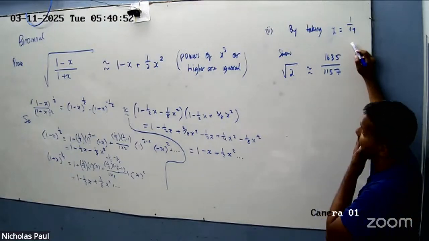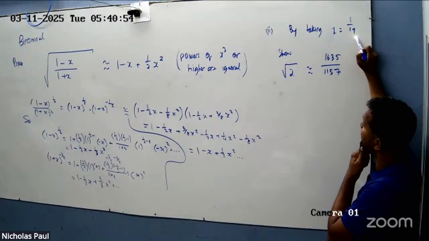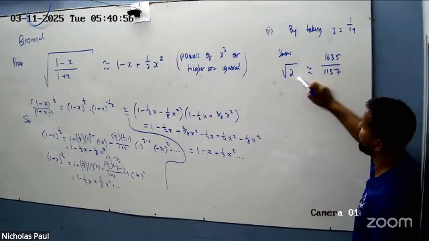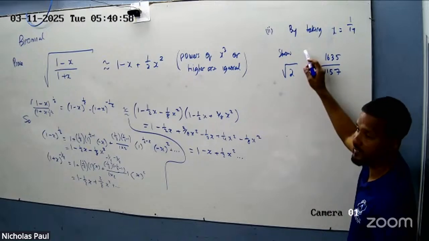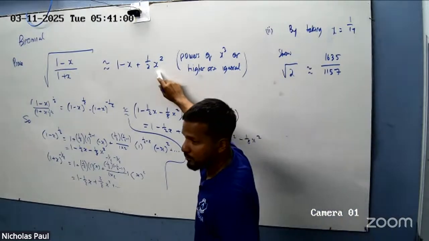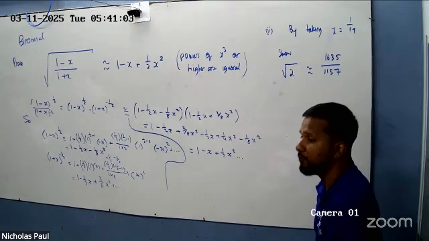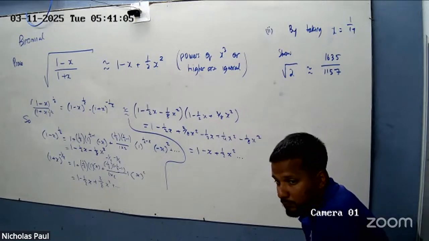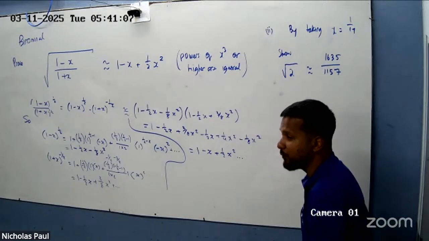By writing x is 1 on 17, the way to show that root 2 is this. It's a hence. So you had to use what you're gonna do?